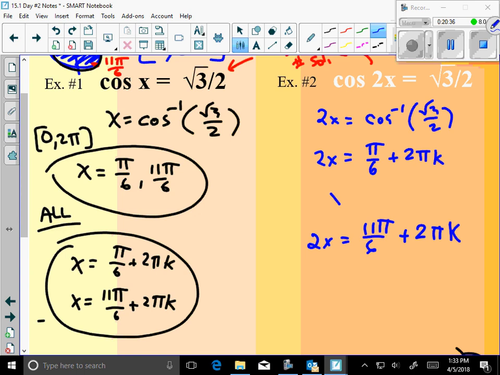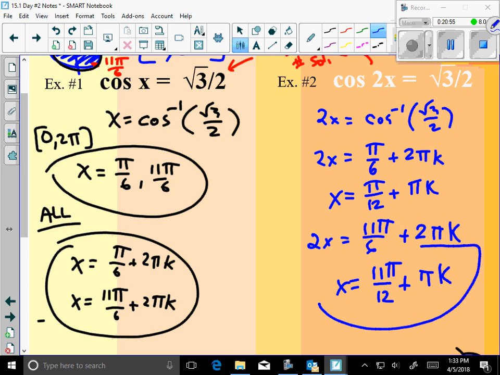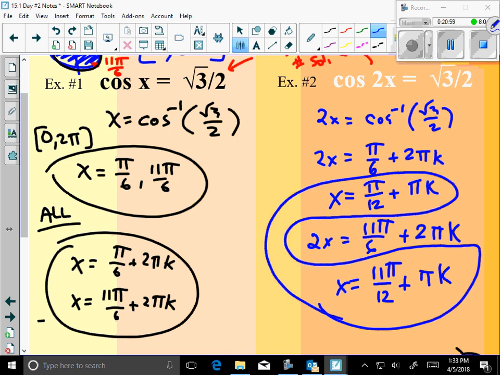Now, x would then equal pi over 12 plus pi k, and x would equal 11 pi over 12 plus pi k as many times as we want. These are your general solutions if you wanted all solutions.